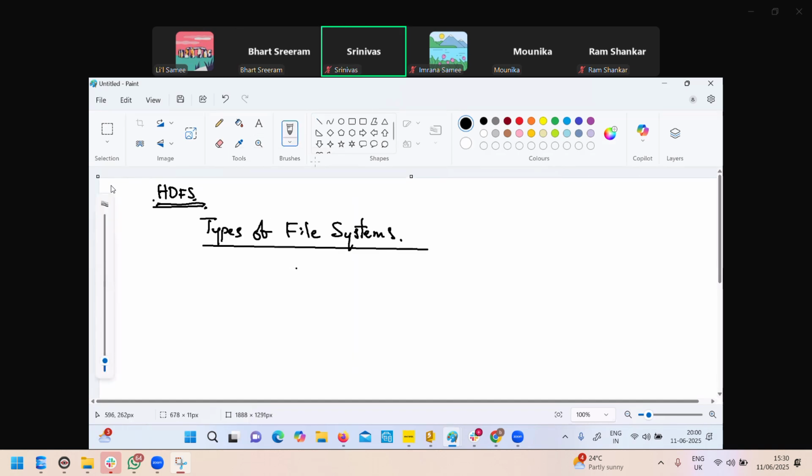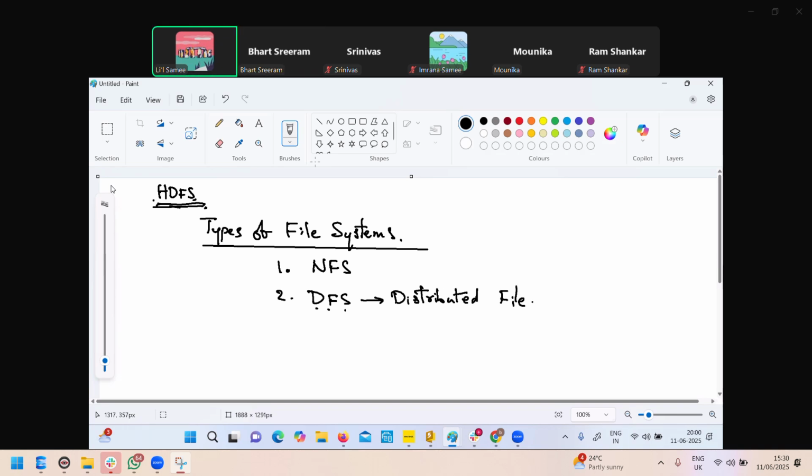One is NFS, the second one is DFS. DFS is the Distributed File System.